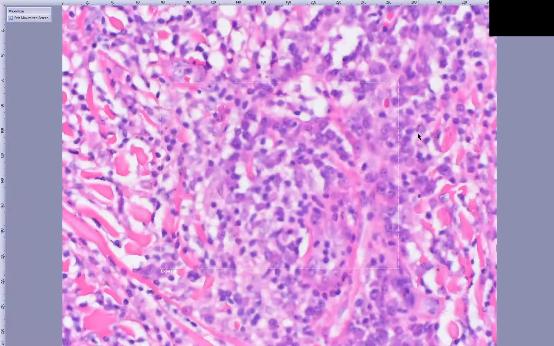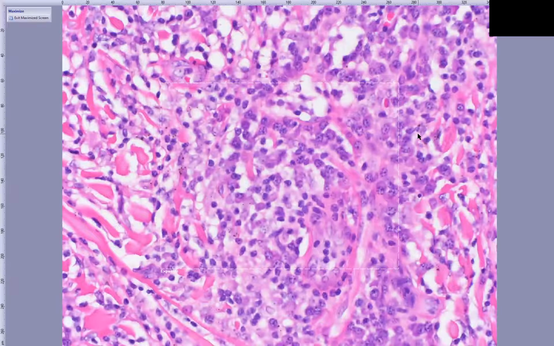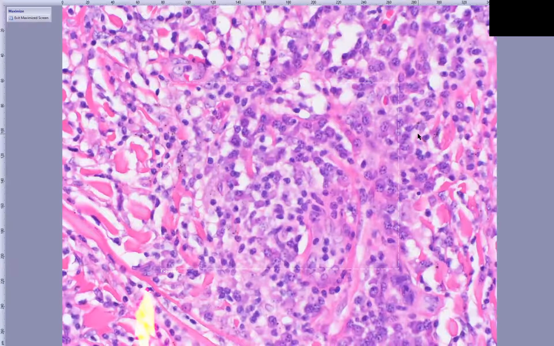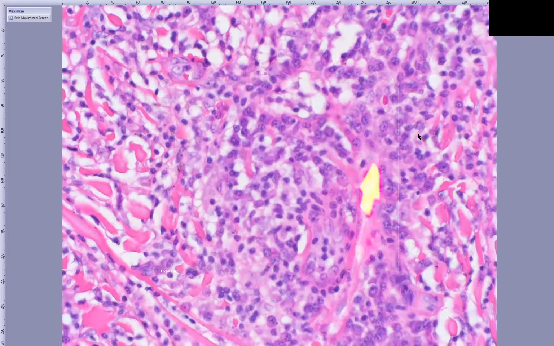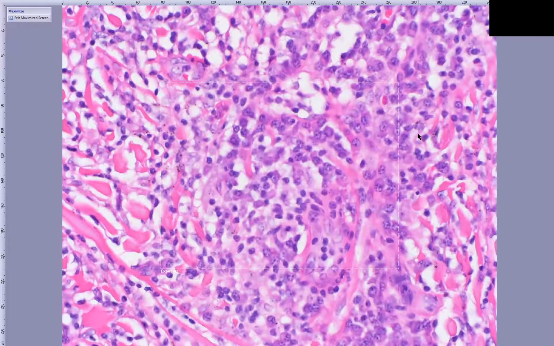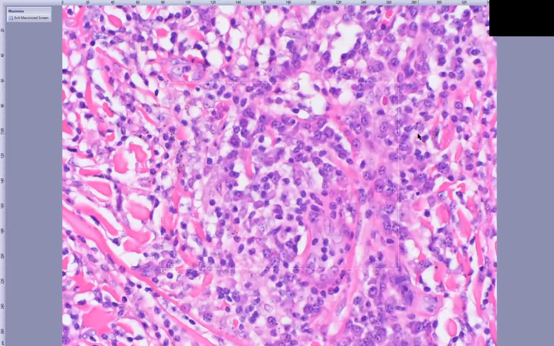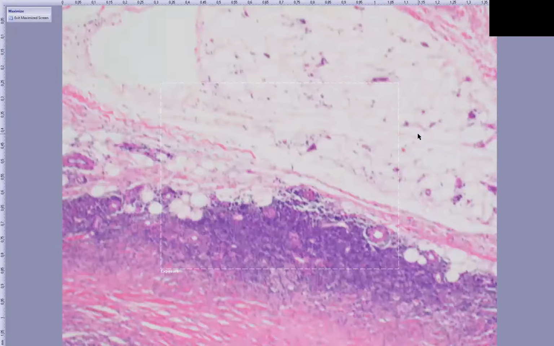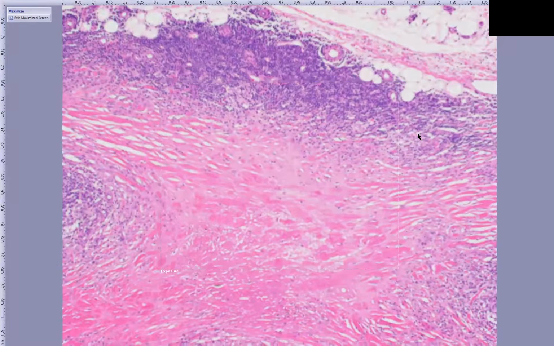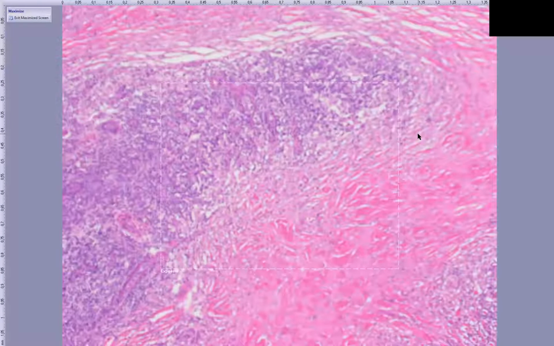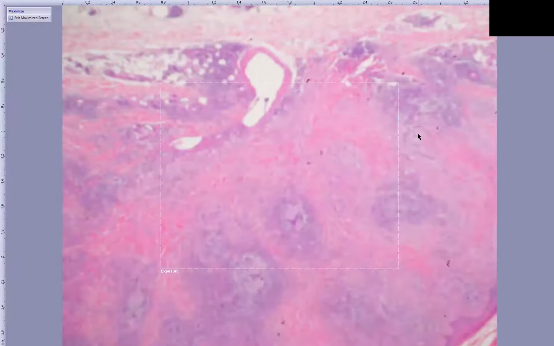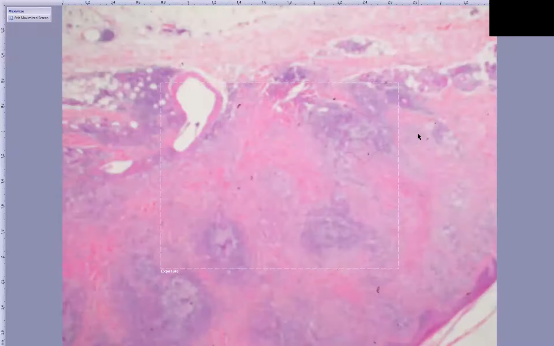Look at that. These are all plasma cells. So this is a tattoo granuloma, and this is another nice zone of fibrosis. Again, like I was mentioning, this is a foreign body reaction to tattoo pigment.